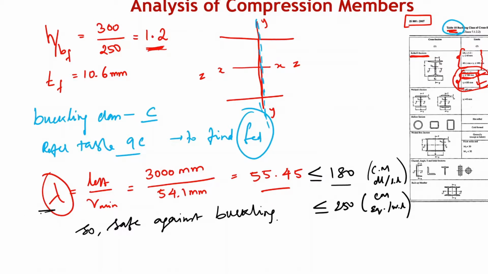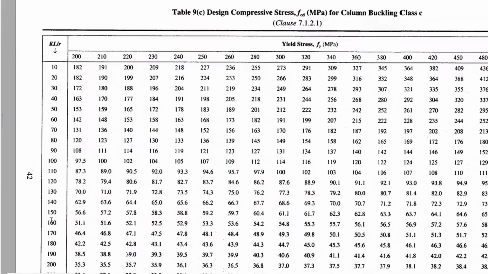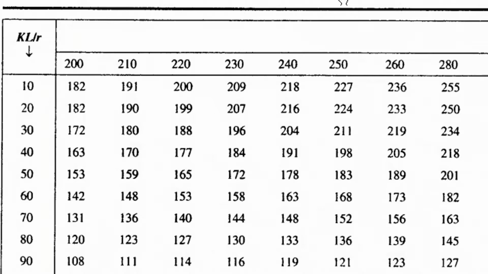Now we know lambda, and we know the yield stress is 250 megapascal for mild steel. Now let's go back to table 9C. Fy yield stress is 250, and the corresponding value for the slenderness ratio of 50 is 183, and for 60 it is 168.